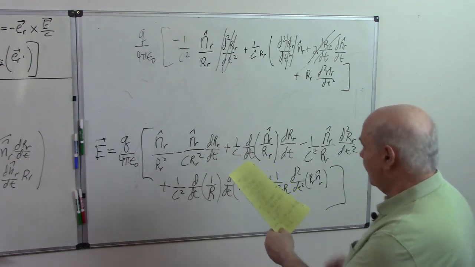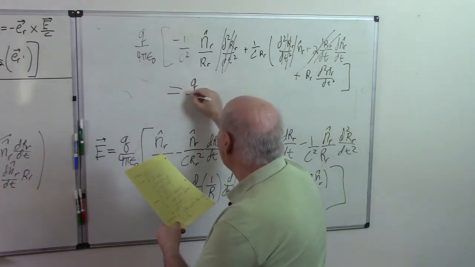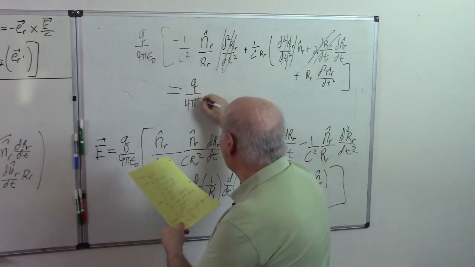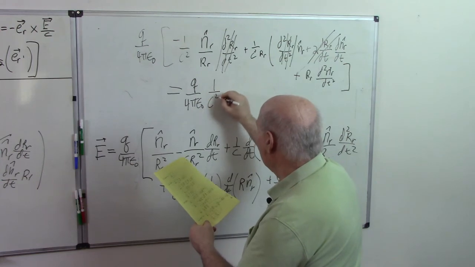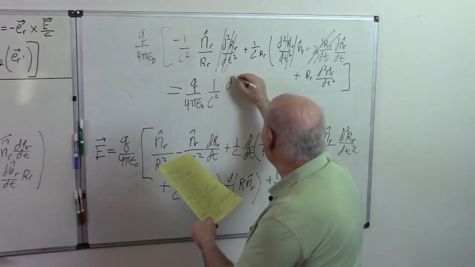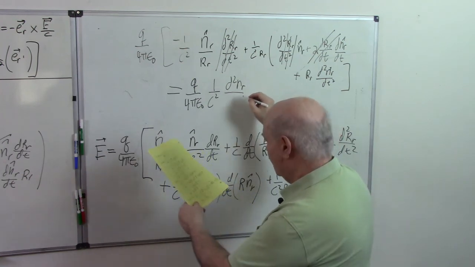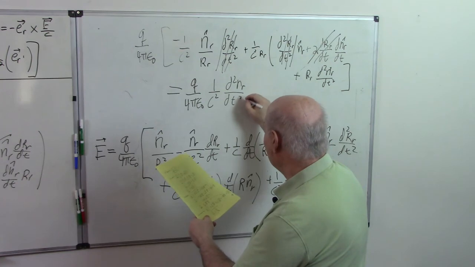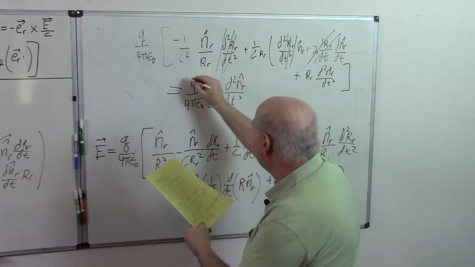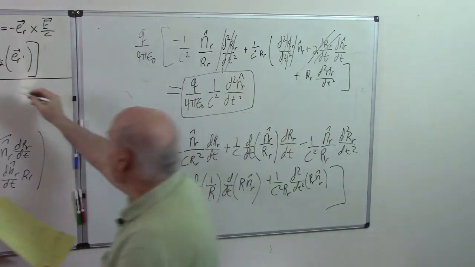So we're left with, as our final term, q over 4 pi epsilon 0, 1 over c squared, d2 n_r/dt2. And this term is this term over here.